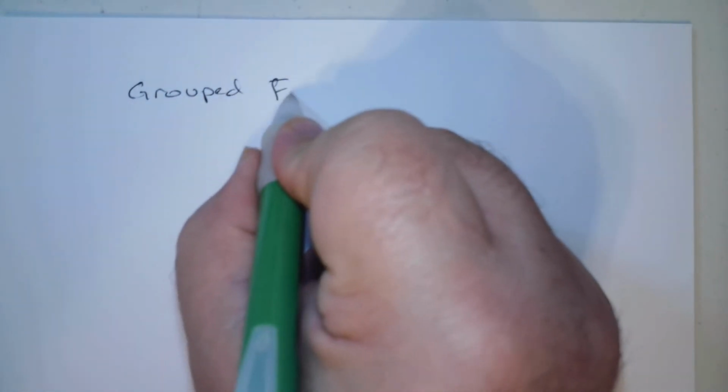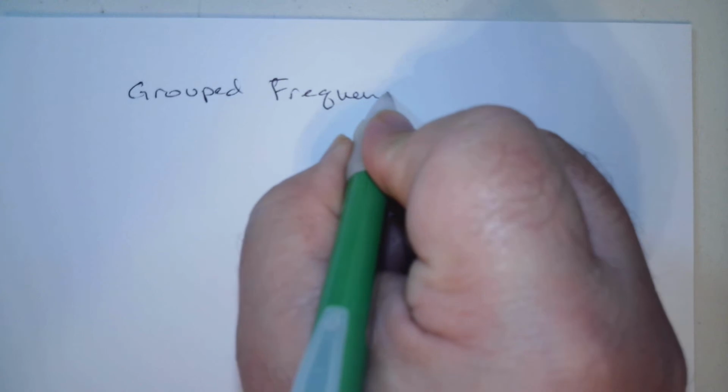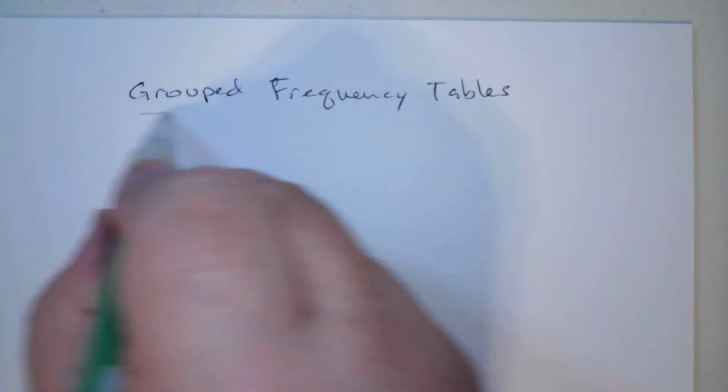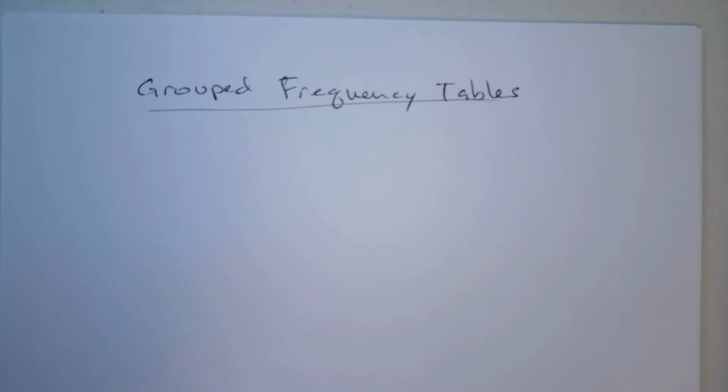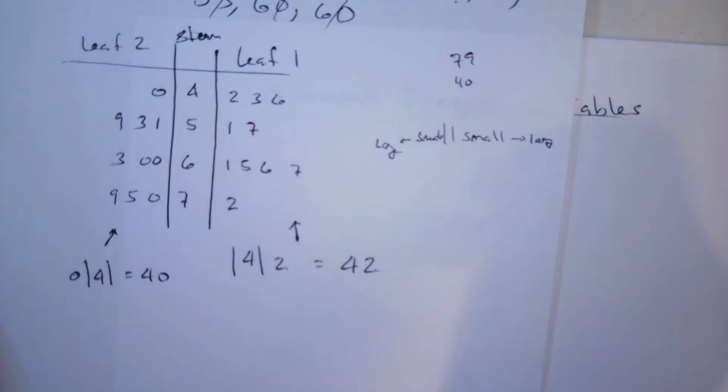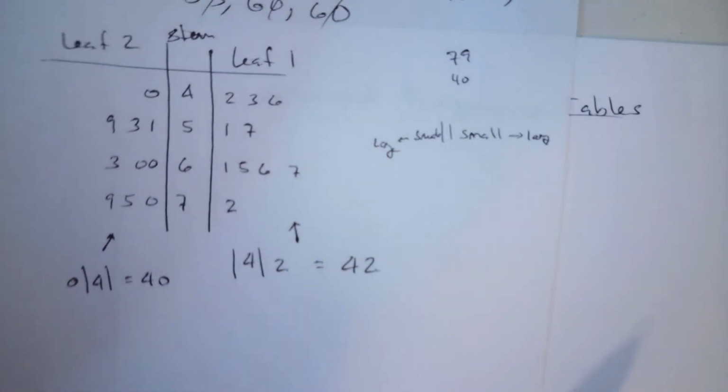I'll use the same data as last time. The next one we talk about is called grouped frequency tables. So, looking at our stem and leaf plot, let's look at all the data here for both leaf 1 and leaf 2.